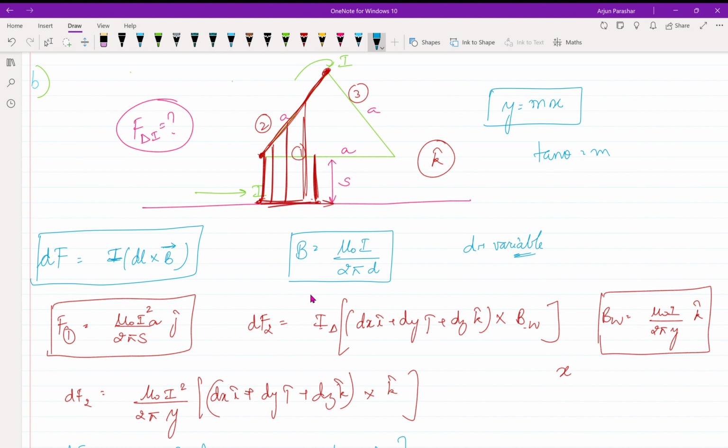This is an equilateral triangle, this is a, this is also a, and this angle is 60 degrees. This is actually a by 2, and this angle is 60 degrees. We need to calculate the slope for this line.